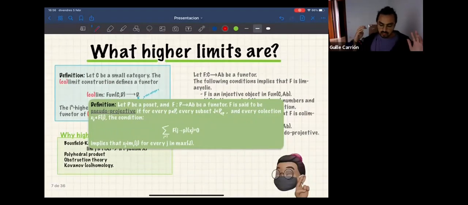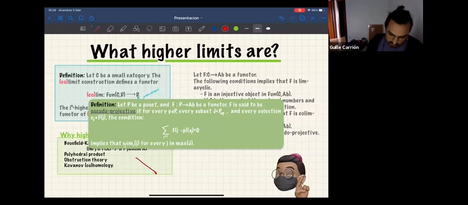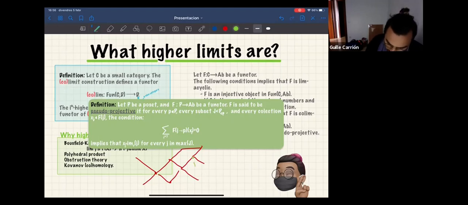A functor is said to be pseudo-projective if, given the poset, for example like this, you take an element P and take a subposet whose elements are less than P. Then for every j in J, you take an element xj and sum everyone in P through the functor like this.